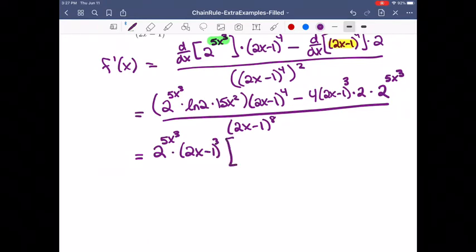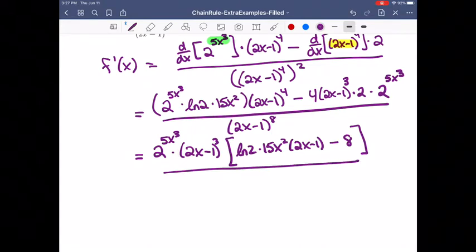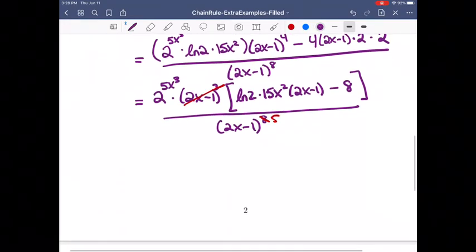What's left from the first term is ln 2 times 15x squared and one more (2x minus 1), and then over here I just have 8. And this is all over (2x minus 1) to the 8. Now I can cancel those 3 with 3 of these. So that's nice, and there's no simplifying that can really happen in those brackets, so I'm just going to leave it.